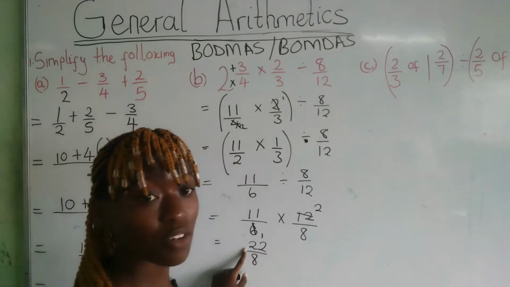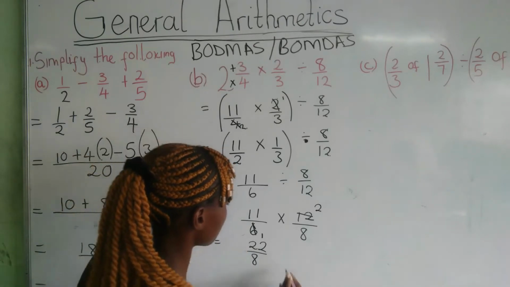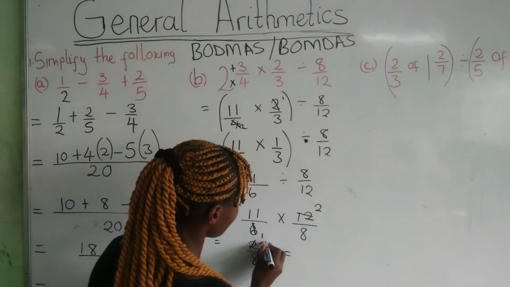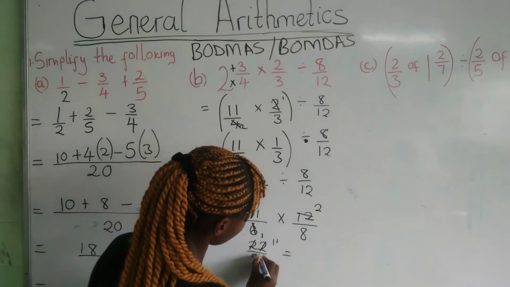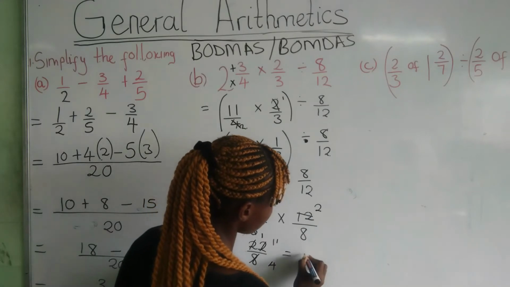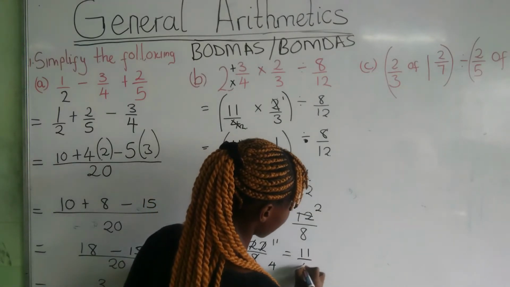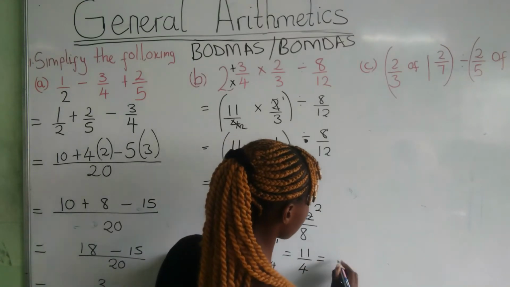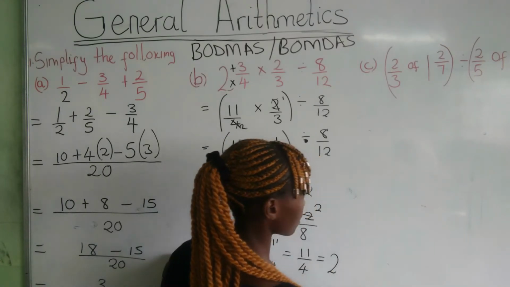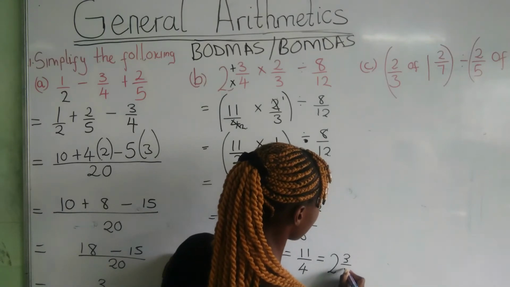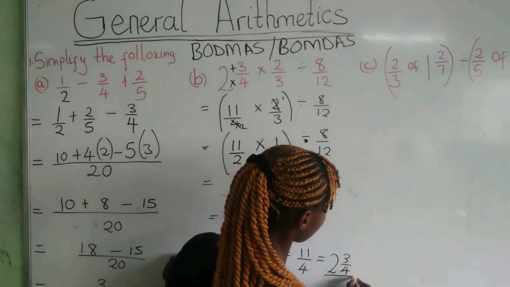Then you simplify this value to 2 into 22 gives us 11, 2 into 8 gives us 4. So it's 11 over 4, which is 4 into 11, that's 2, giving a remainder of 3, so 2 and 3 over 4.